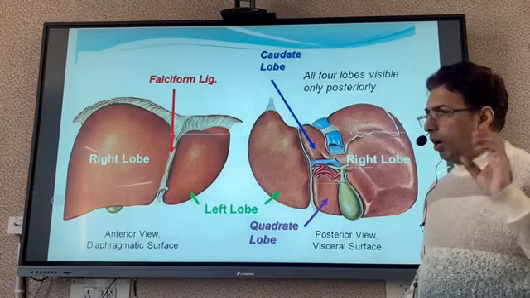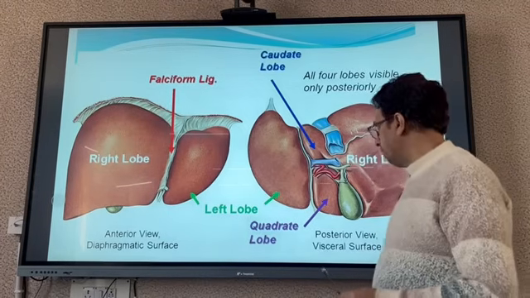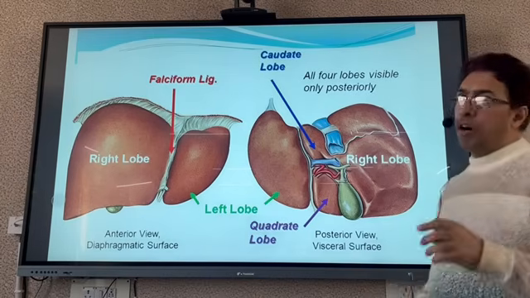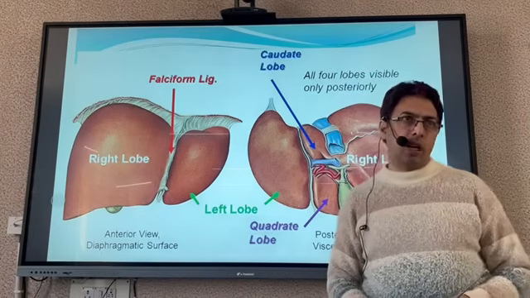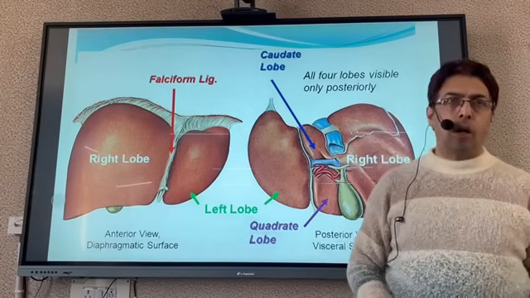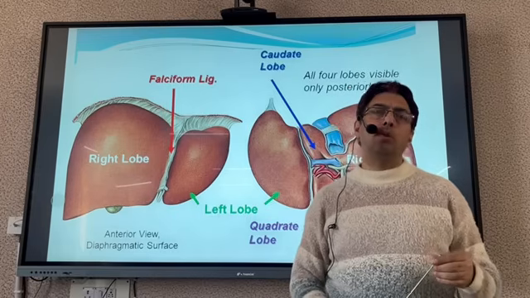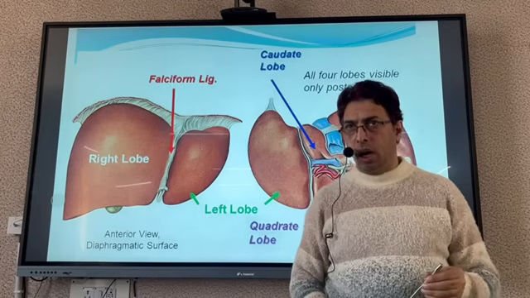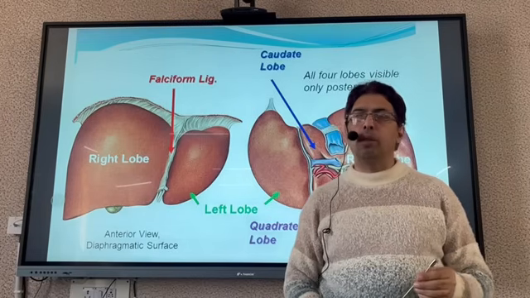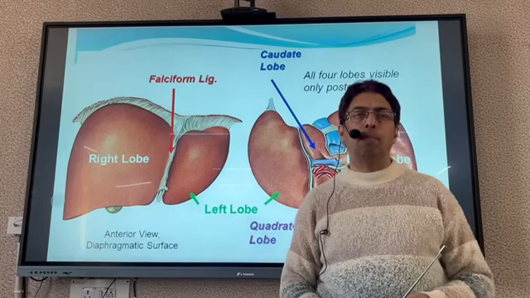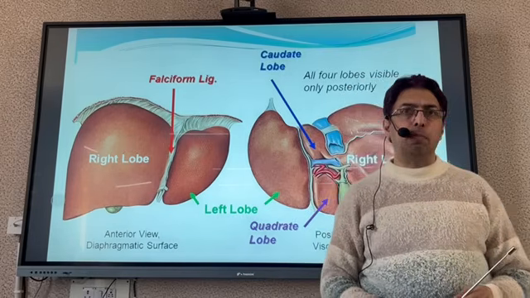Now, after that, we have certain important issues as far as the blood supply of the liver is concerned. The liver is one organ in which the predominant source of blood supply is not an artery, it is the vein. The predominant source of blood supply to the liver is a very important vein, which we call the portal vein.